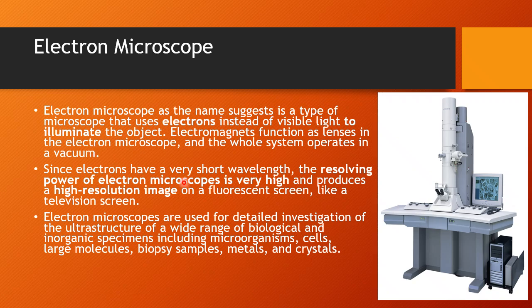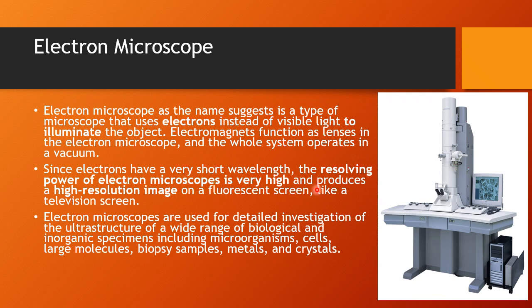This is a microscope which gives you the best images. When you compare with other microscopes which you have studied, this is the one which gives you very good quality images with high resolution and high contrast. What makes this microscope give such good images is that the electrons we use here have a very short wavelength.